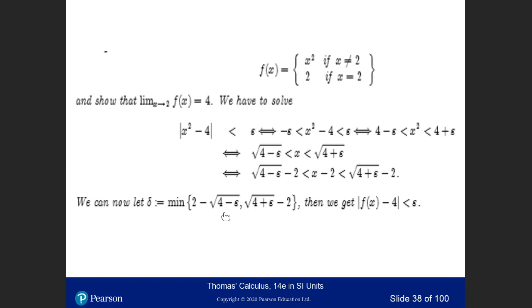Then we get that f of x minus 4 is less than epsilon, and my delta is the minimum. For each epsilon, I have to calculate the distance from 2, and then I'll choose the minimum one. Okay? Let's continue.